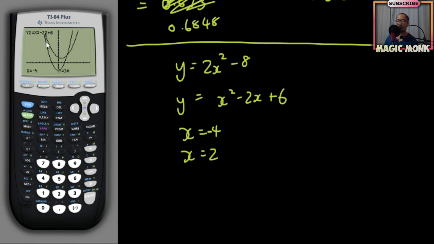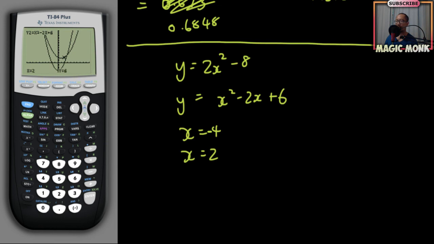The two lines don't touch. They touch somewhere further than that, so between x is negative 4 and x is positive 2. Do they touch at positive 2? Trace x is equal to 2, y is equal to 0 there.